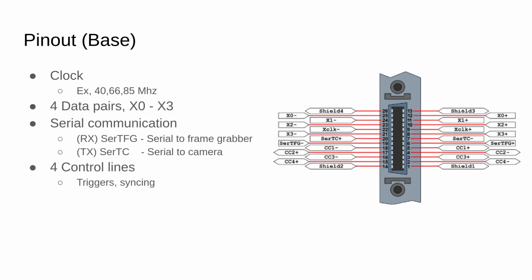So this pair creates the data for X0, this pair creates the data for X1. This differential signaling allows the signal to be reconstructed because the interference will affect both wires and they can cancel each other out and make the signal easier to read on the other end.